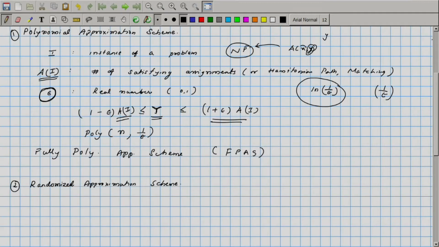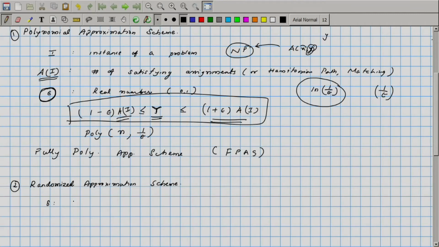So, everything remains pretty much the same as the polynomial approximation scheme, but we will insist that this output, which should lie between these bounds, need not always lie there, but it lies there with a certain probability delta. So, the additional parameter is delta.